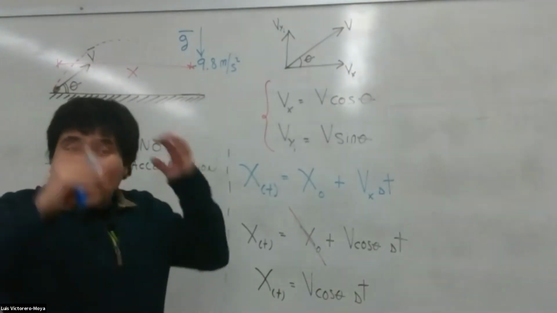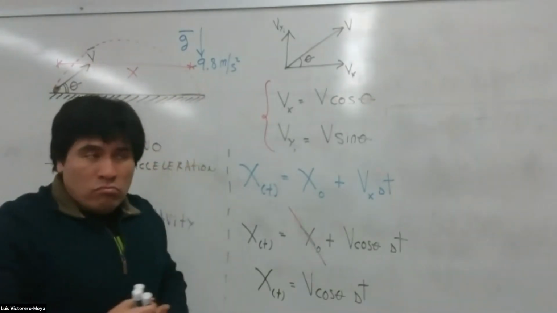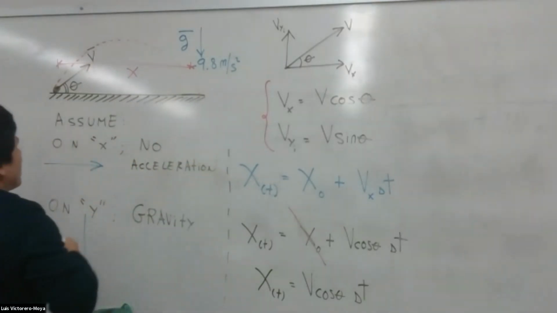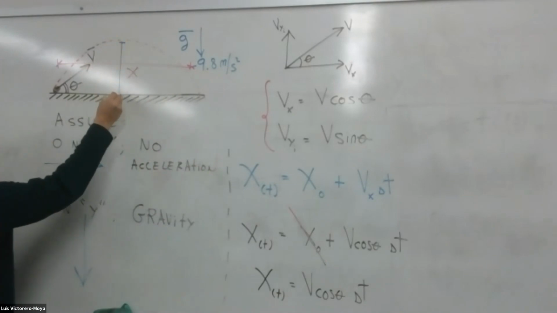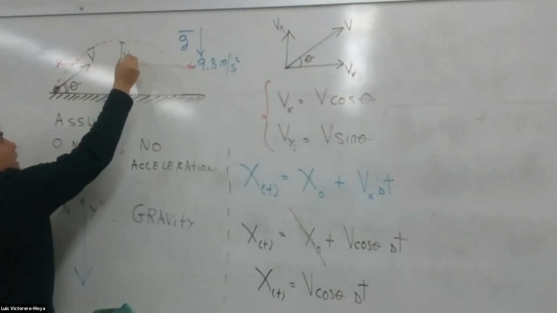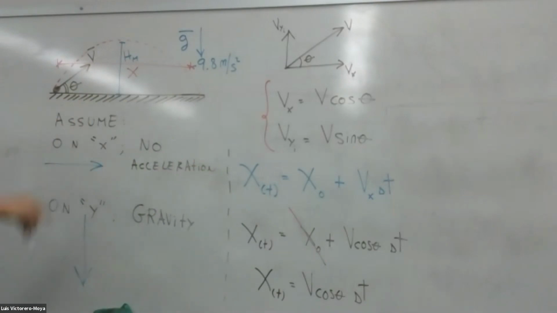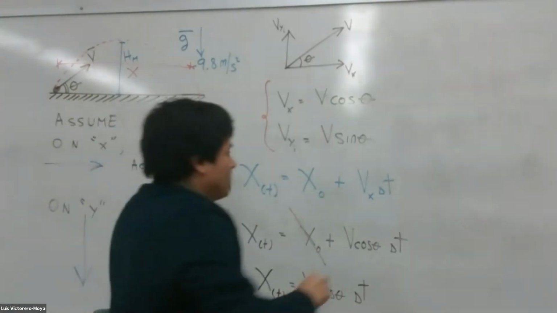For the vertical motion, you have a few parameters, but one of the main parameters is the maximum height. Let's call this H max, which is in the vertical, so we're going to find delta y.